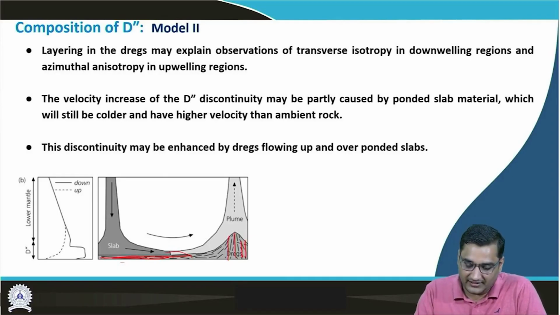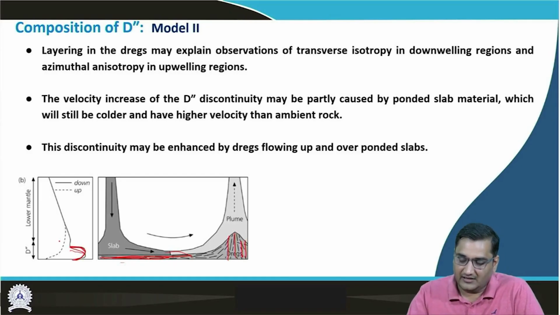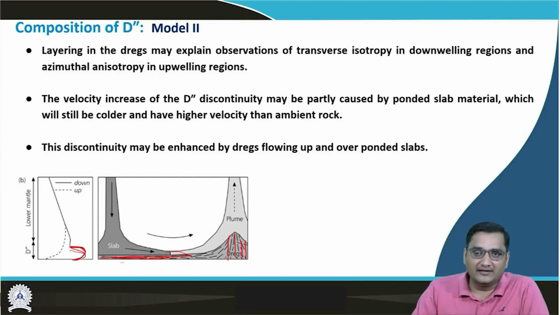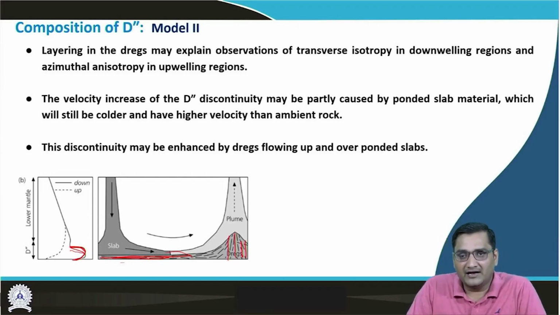The velocity increase happens at the D double prime layer, so here the velocity is suddenly increasing at this discontinuity, and that may be partly caused by the ponded slab material, which will still be colder and have higher velocity than the ambient rock. And this discontinuity may be enhanced by dregs that are flowing up and over ponded slabs.